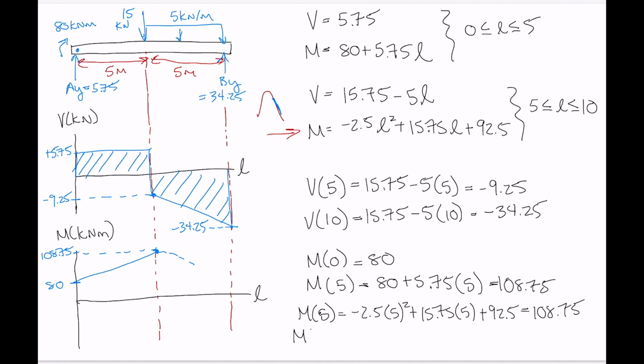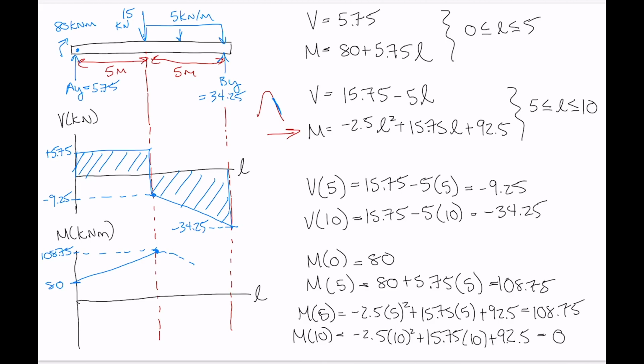And then let's see where we get to at a value of 10 if we pop that in for L. So we've got minus 2.5, 10 squared plus 15.75, 10 plus 92.5. Okay, and that, if you keep all your decimal places, comes out to be 0.